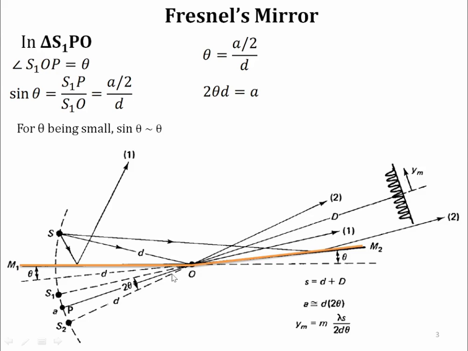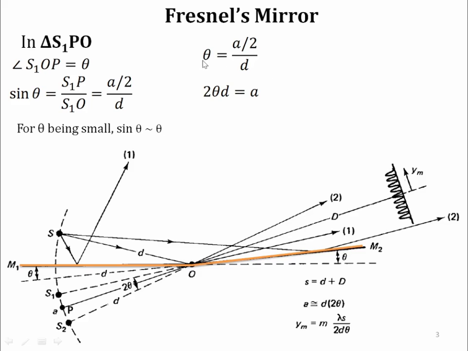Now let us assume that theta is not very big. In that case, we can say theta is close to 0. Then sine theta is almost equal to theta, and our condition is simplified.